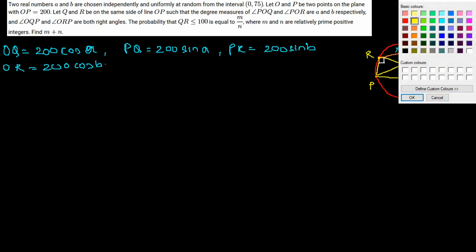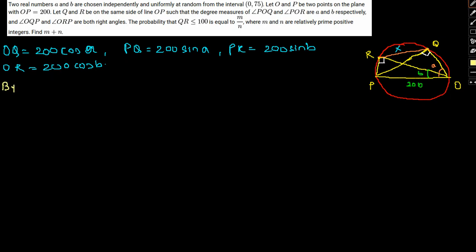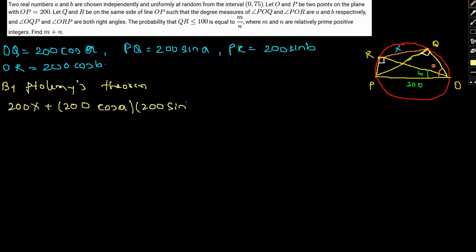By applying Ptolemy's theorem, we have 200x plus 200 cos a times 200 sin b will be equal to the product of the diagonals, that is 200 sin a times 200 cos b.